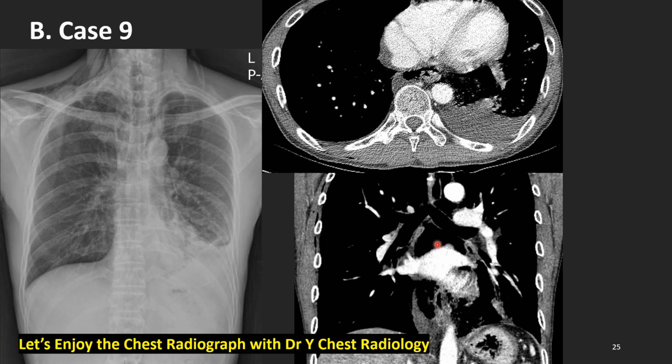This is the famous Boerhaave syndrome, spontaneous distal esophageal rupture, usually on the left side, and it is very, very fatal. Rapid surgery is necessary.